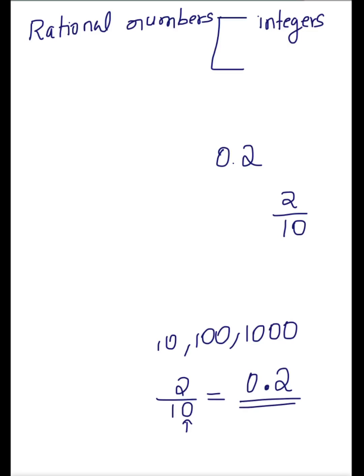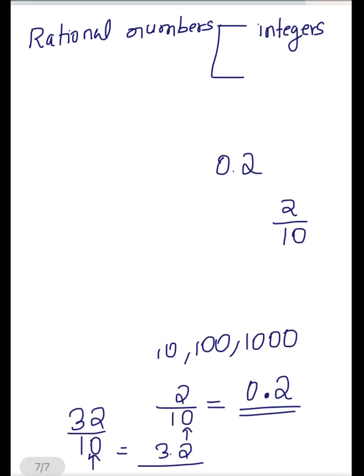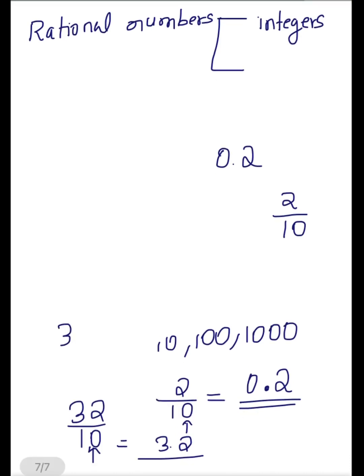So 0.2. Suppose I am taking 32 divided by 10. Here 10 has one zero, so after the decimal point there should be only one digit. That means 3.2. You have to count from the right, one place, and put the decimal point.